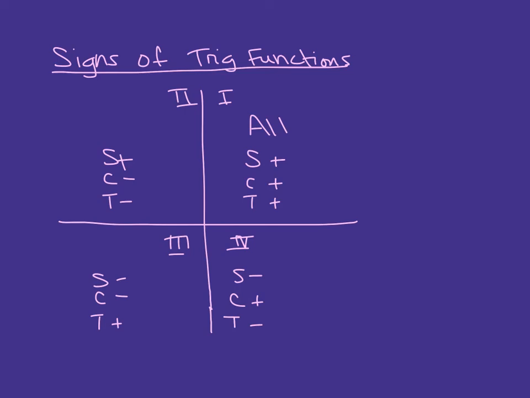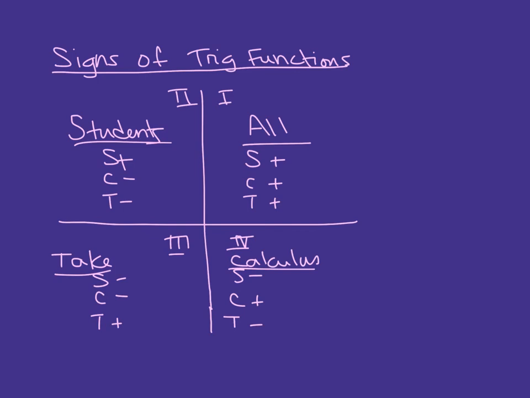We remember this by, I wrote all for the first one, but I'm actually going to use that. There's a little mnemonic to remember it. In my second quadrant, my sine, which starts with S, is the thing that is positive. So we say all students. Third quadrant, my tangent T is positive, and so we say take. Calculus is a way to remember this.